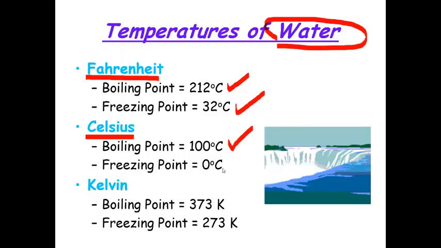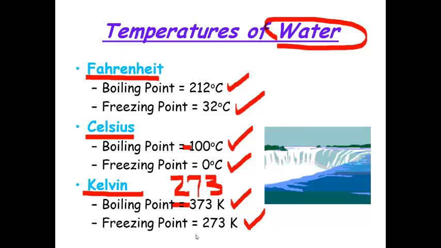Kelvin, 373 is boiling and 273 is freezing. You could kind of notice the relationship between boiling with Celsius and Kelvin. Notice that it's just the difference of 273. So if you add 273 to your Celsius, you get the Kelvin temperature.